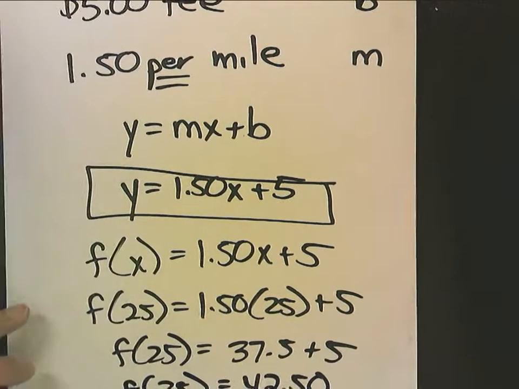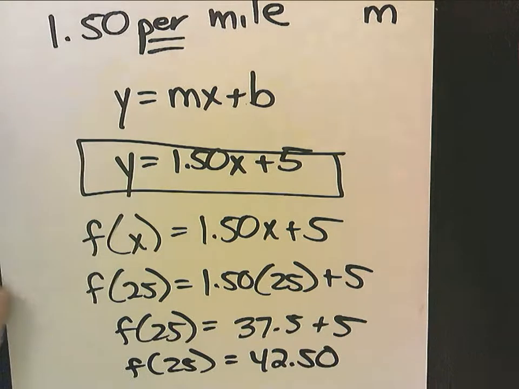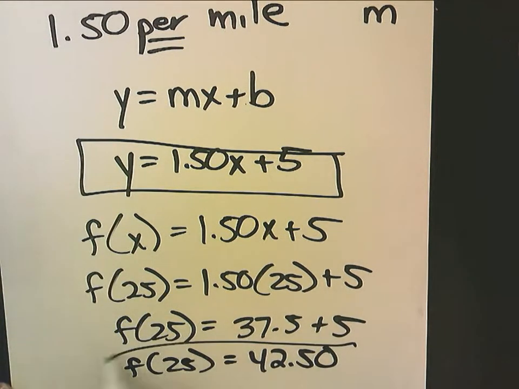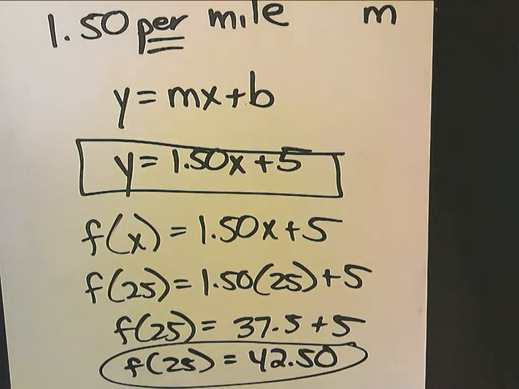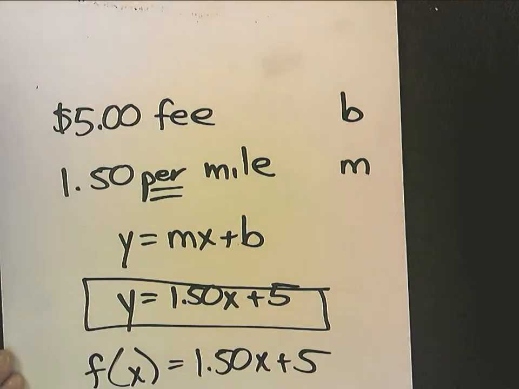So we get f of 25 equals 42.50. Remember, you could write that as an ordered pair: when x is 25, y is 42.50. So this is an example where they gave you the slope and the y-intercept.